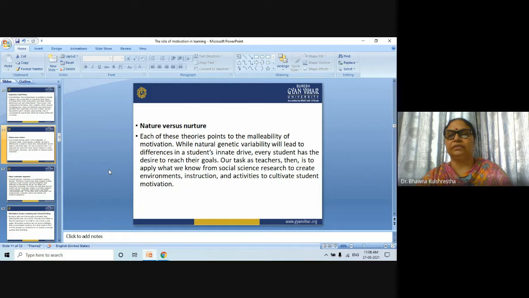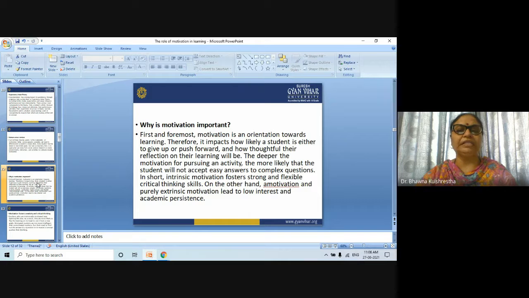And the next is the why. Is motivation important? First and foremost, motivation is an orientation towards learning. Therefore, it impacts how likely a student is either to give up or to push forward, and how thoughtful their reflection on their learning will be.